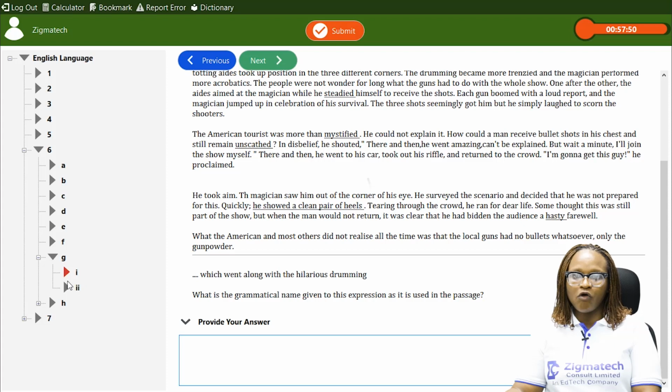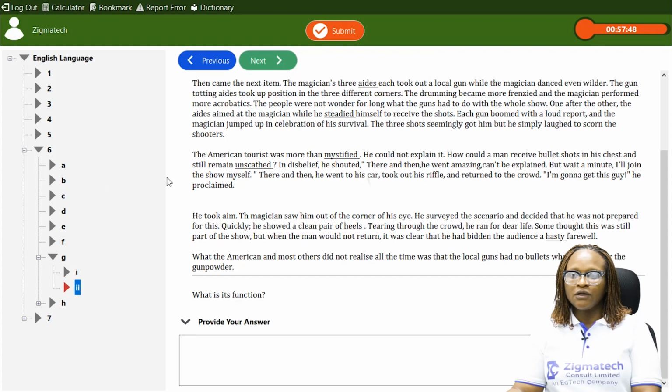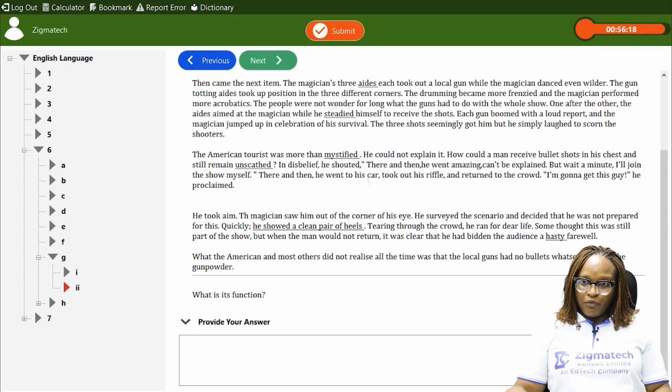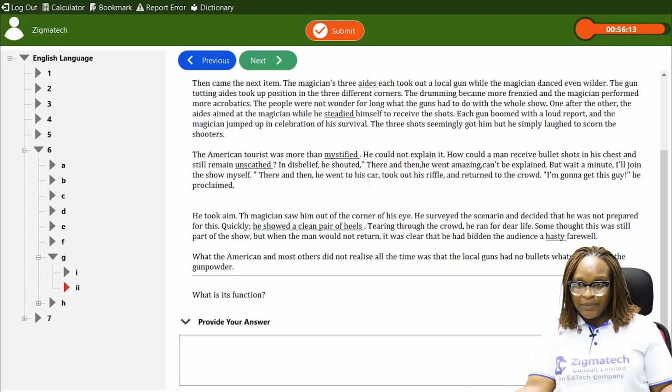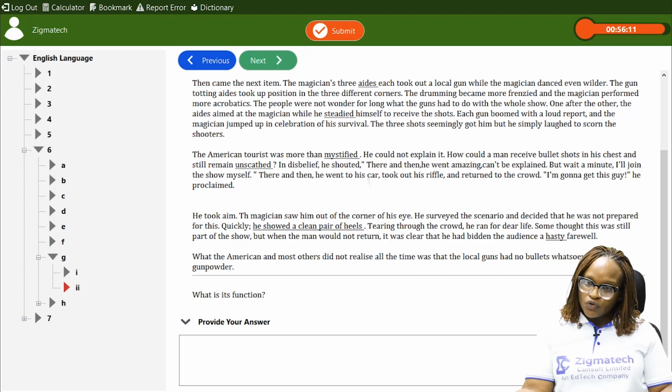Now let's look at the function. What is the function? You must have it at the back of your mind that once you're asked to state the grammatical name of an underlined part of a sentence, you would as well be asked to state the function.